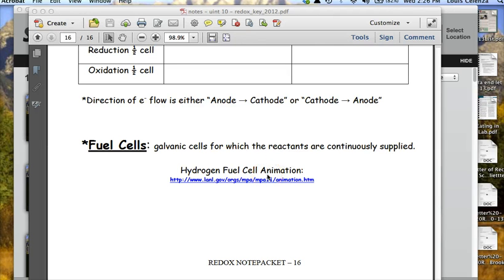The only other thing that you need to worry about is something called electroplating, which for some reason he doesn't show you in here. Electroplating is the second type of electrolytic cell. It's usually used in industry. You've heard of things like plated jewelry, like gold or silver plated jewelry.